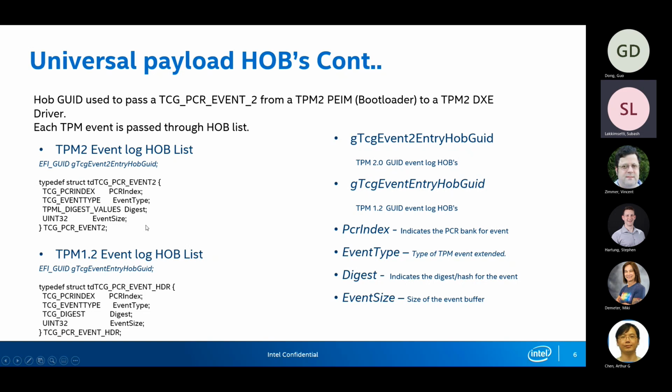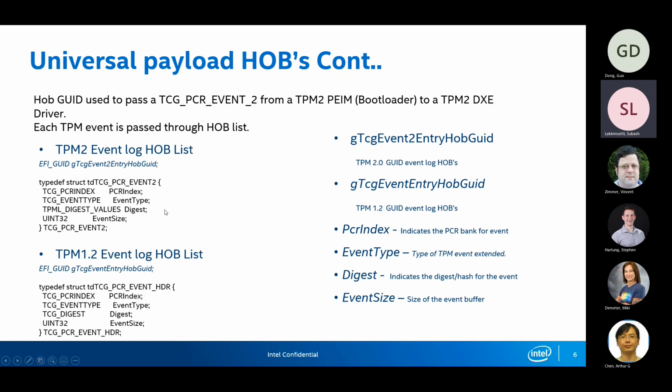Whatever TCG PCR event 2 information I'm mentioning has to be populated from the bootloader for each event and passed as a hop, so that when the payload receives this information, it can add to its own events.